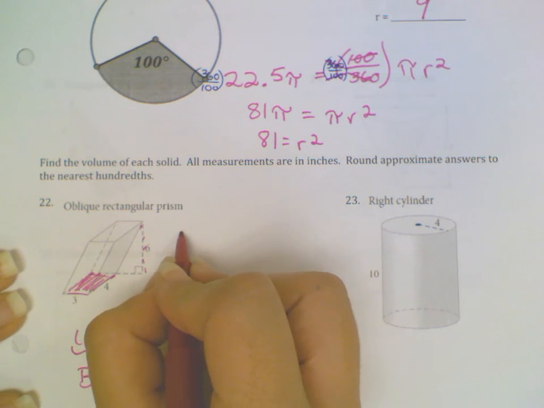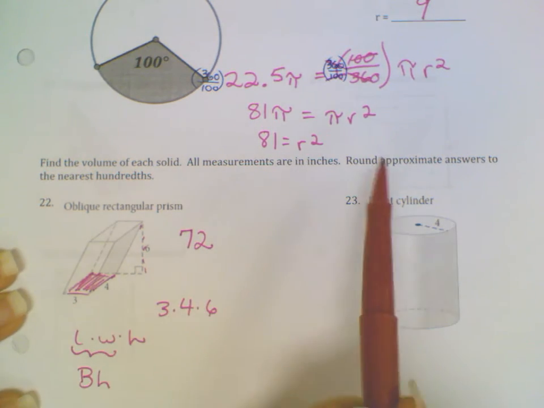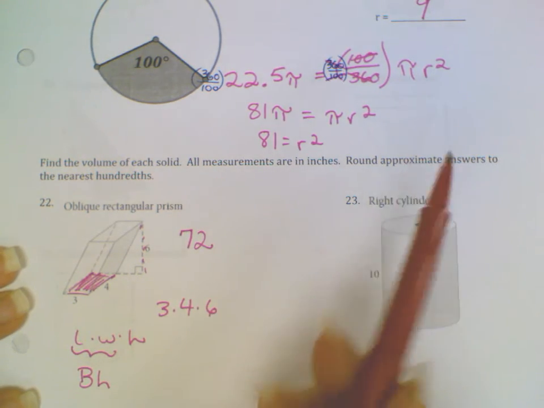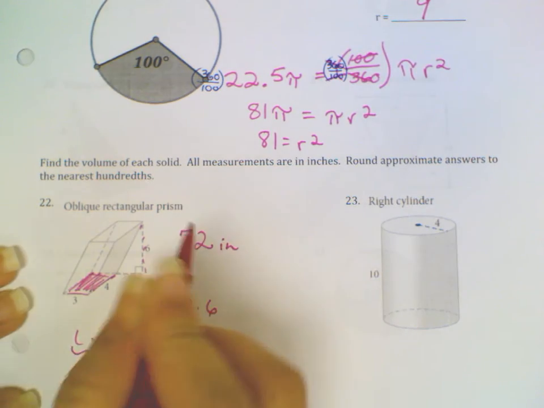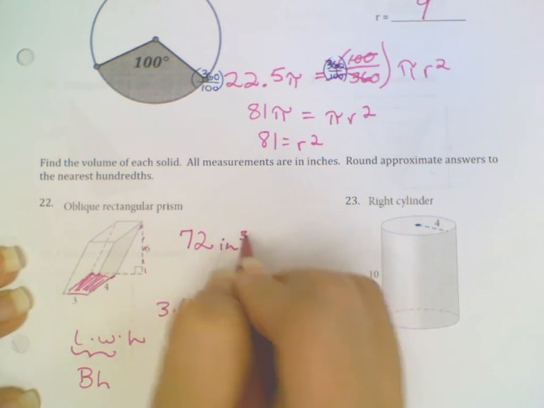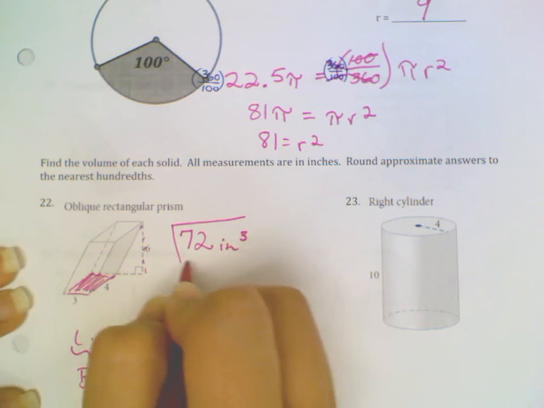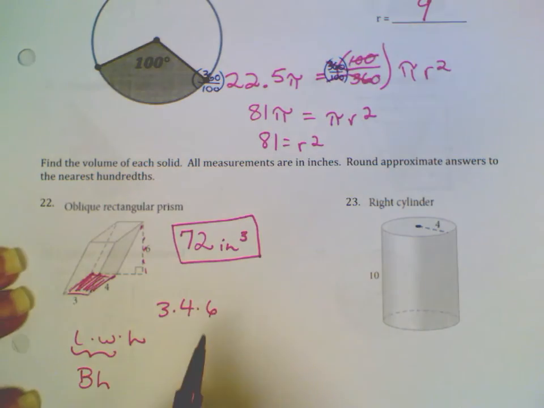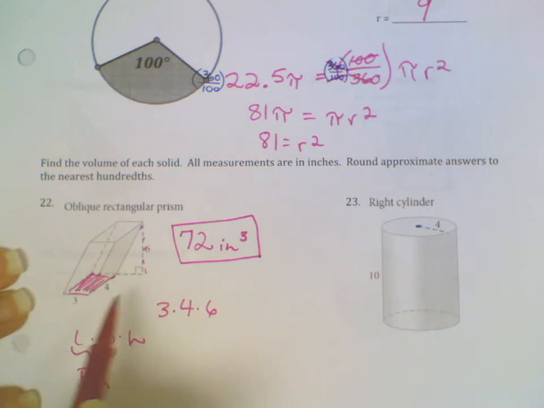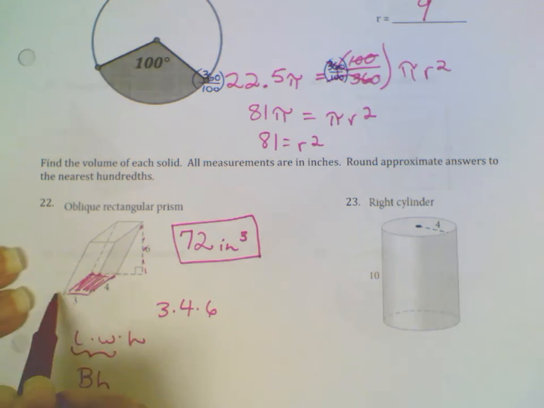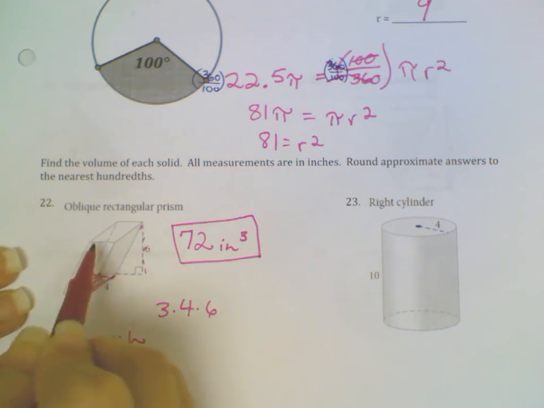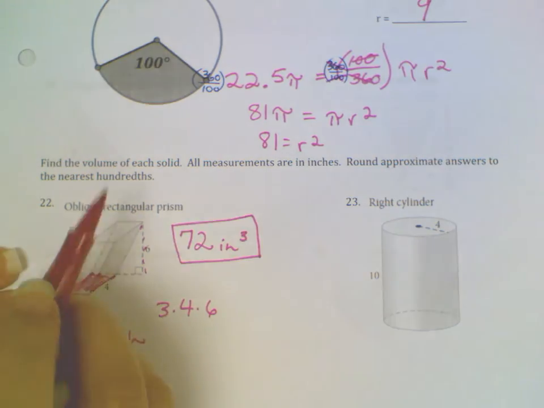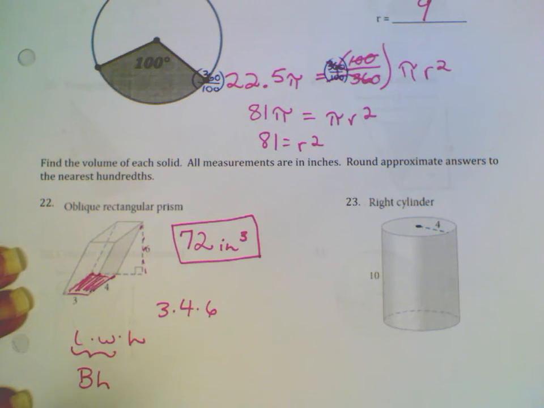So either way, it works out the same, where we'll be doing 3 times 4 times 6. So we get 72, and it tells us that all measurements are in inches, so inches, and if we are talking about volume, that will be cubed. Cavalieri's principle told us that if each cross-section area will be the same as it was standing straight up, then if it's oblique, we are good to go.